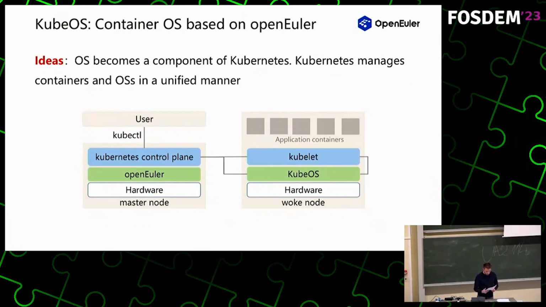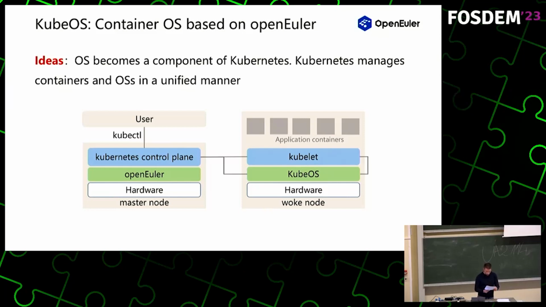So KubeOS is a container operating system built on openEuler, which is a distribution maintained by Huawei. KubeOS's main design concept is to use Kubernetes to manage the operating systems. Once KubeOS has been installed on a cluster, the user only needs the kubectl command and a YAML file on the master node.